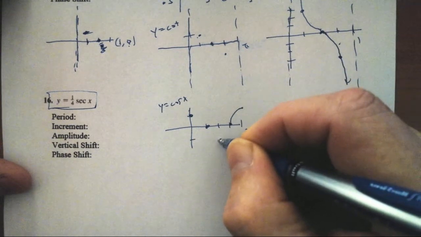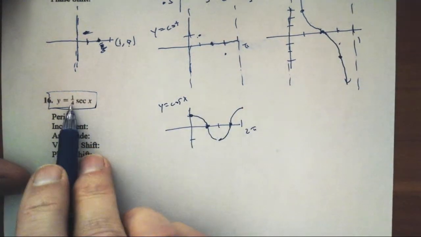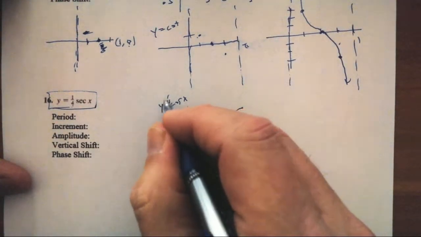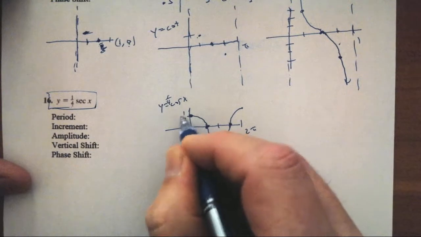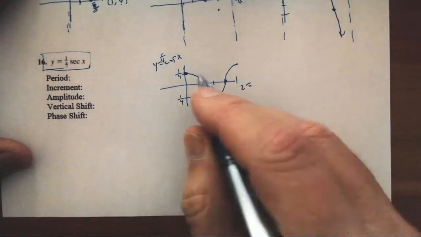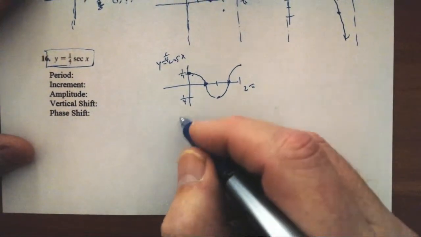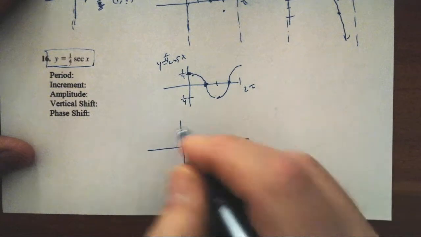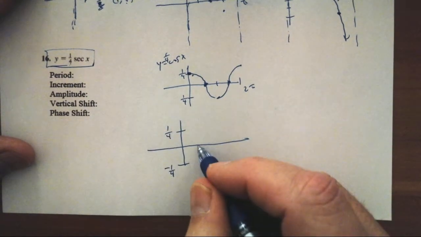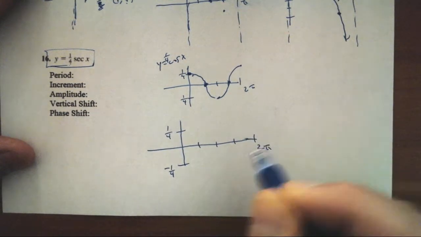So 1/4 cosine, because we got a 1/4 here, this would just be up to 1/4. And if I have that curve, these points, let's go ahead and do our real graph that we're dealing with here. I'm going to go 1/4, -1/4. Let's see, pi on 2, pi, 3/2 pi, 2 pi.